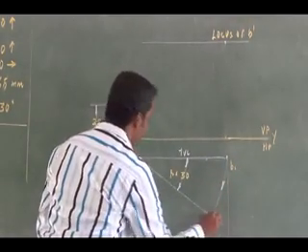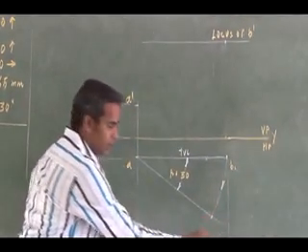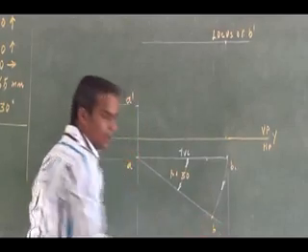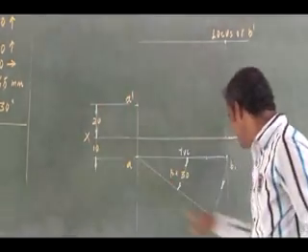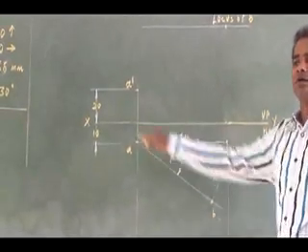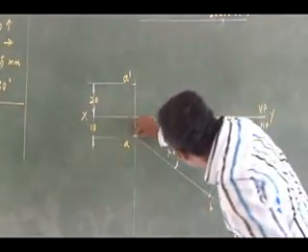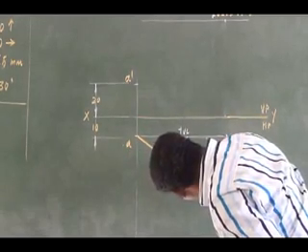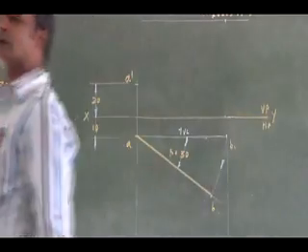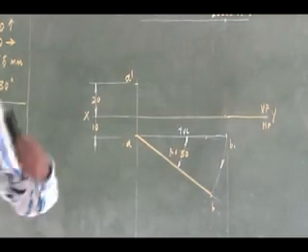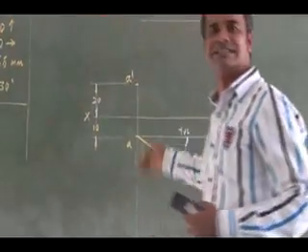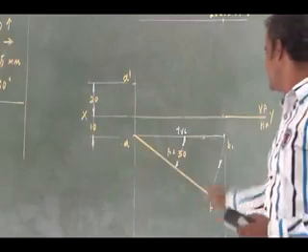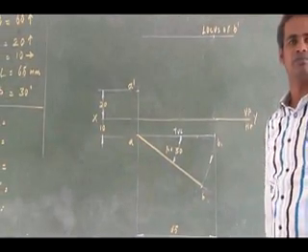This is going to be my final end B. So this A and B is nothing but my final top view. Now you have got the final top view through these given 5 data.